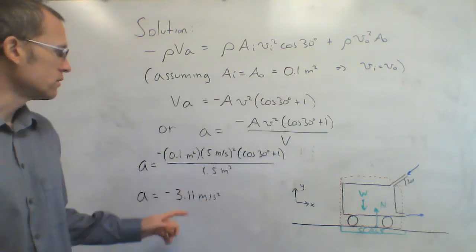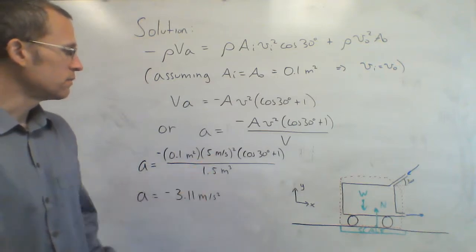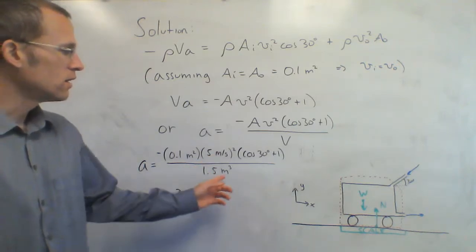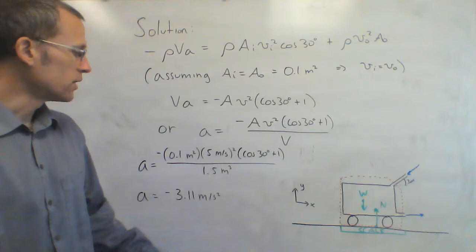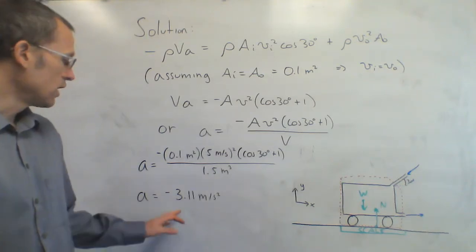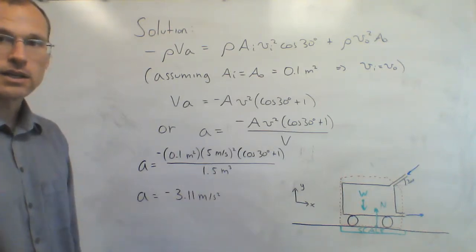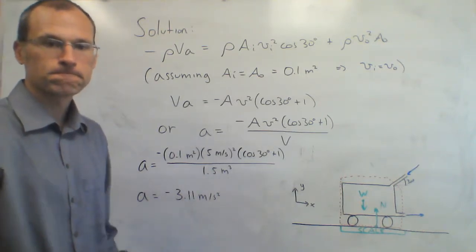Plug all those numbers in, 0.1 square meters for the area, 5 meters per second for my velocity, square that, cosine 30 plus 1 divided by the volume of 1.5 cubic meters gives an acceleration of 3.11 meters per second squared, minus sign just saying to the left, which I expected.